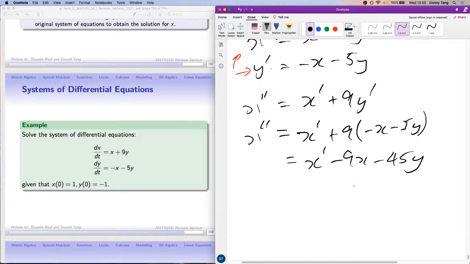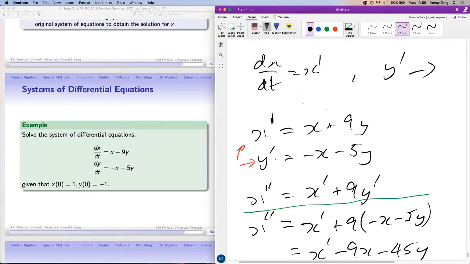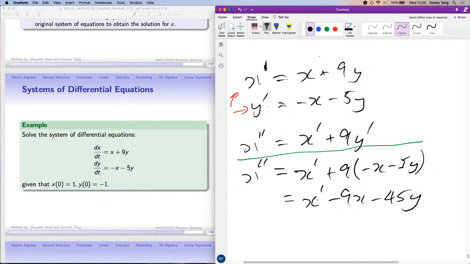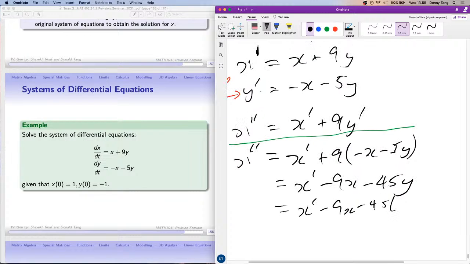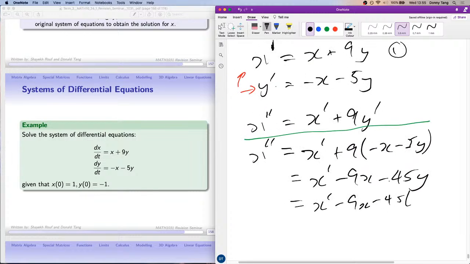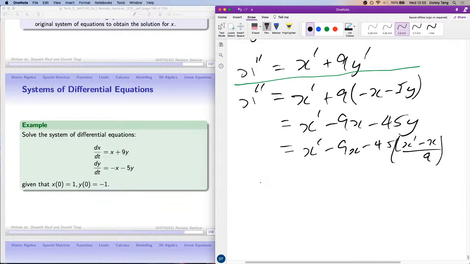Now we're almost good. We want to express everything in terms of x, because what we want is a differential equation. So what is y? We look at our equations. y is equal to x dash from the first equation, (x dash minus x) all over 9. Then you have your final equation: x dash minus 9x minus 5x dash plus 5x.